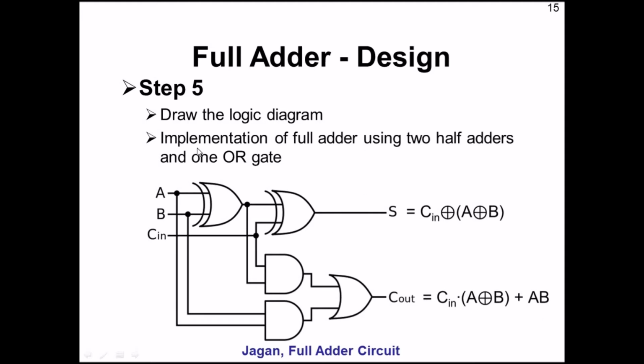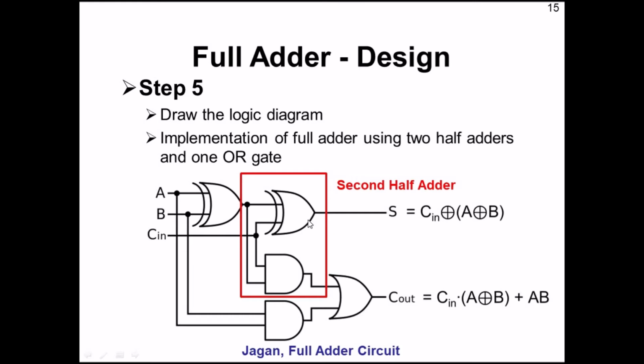If you look at this diagram, how do you say that we are using two half adder circuits? If you closely observe the logic diagram, you could see this will give the sum and this will give the carry. So I consider this as the first half adder, and the next, second half adder is this, right?